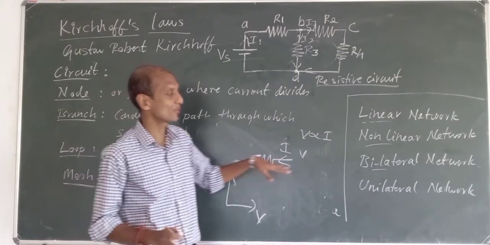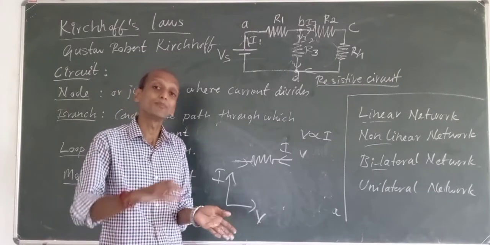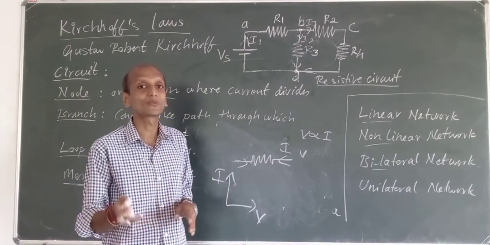Understood? Such networks are called bilateral networks. They are bilateral, meaning in both directions of the circuit the current and voltage relations are the same.